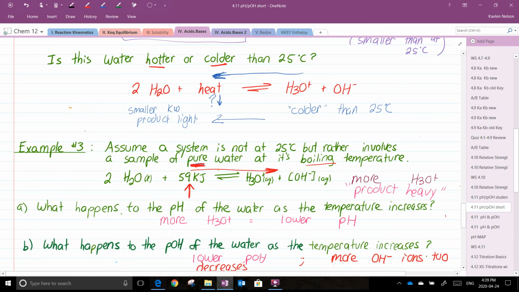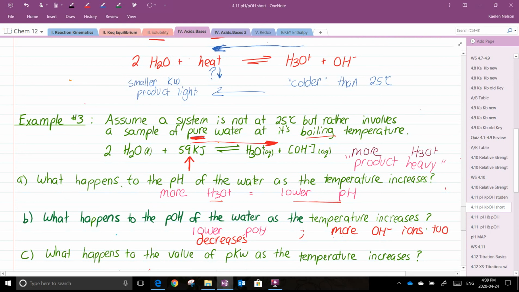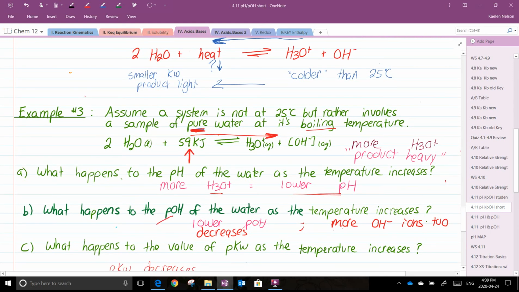So what's going to happen to the pH of the water? The H3O is going to tell me I'm going to have a lower pH. Now, this is the important part. What happens to the pOH? We need to remember that it was pure. So the H3O is going to equal the OH minus, which means my pOH is also lower. So there's more OH ions as well as H3O ions.